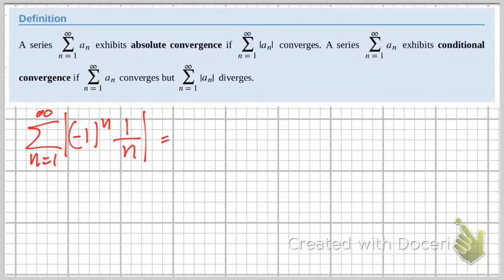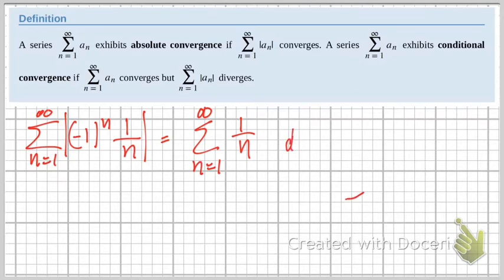So then this is going to equal the series n equals 1 to infinity of 1 over n. Hopefully that's okay with everyone. Now if I look at this series here, this series is actually the harmonic series. And we know this diverges, don't we? And why do we know why it diverges?